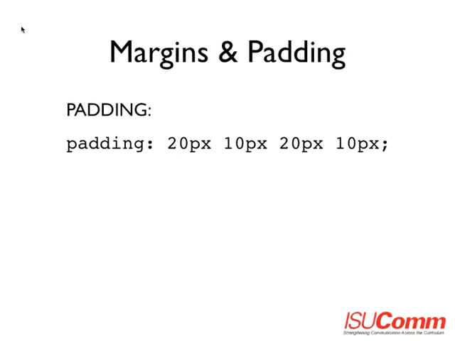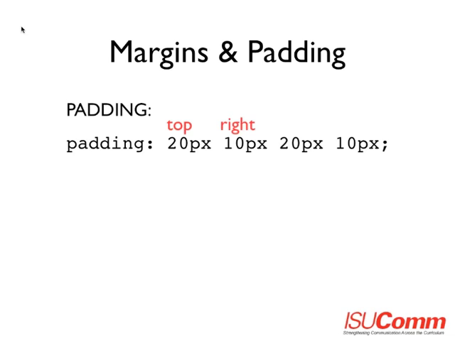Padding does the exact opposite thing. We still use that same format where we give all four values, the top, right, bottom, and left padding. But in this case, we're making space on the inside of an object.